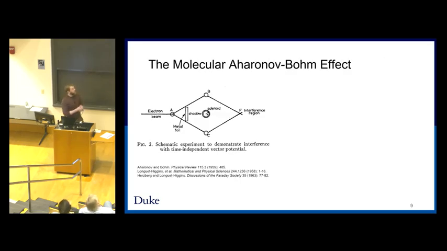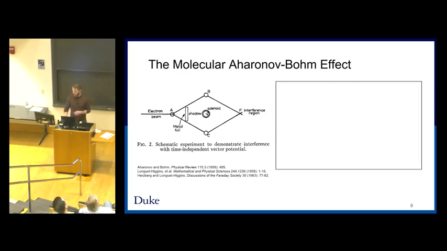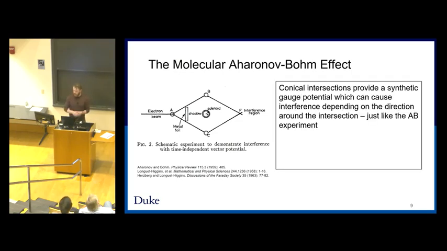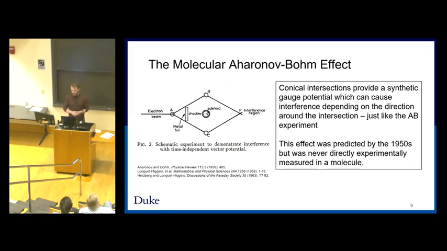Another way of looking at this effect is as a molecular Aharonov-Bohm effect, where in the Aharonov-Bohm effect, you put an electron beam around a solenoid, and the solenoid, even though it doesn't have any magnetic field on the outside of it, imparts a path-dependent phase due to the gauge potential. These conical intersections create a synthetic gauge potential that's kind of interesting. And this effect has been predicted since a similar time, since the 1950s.